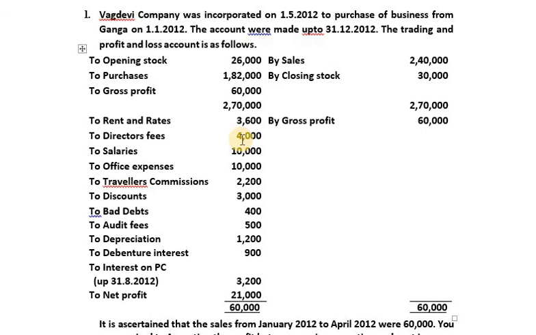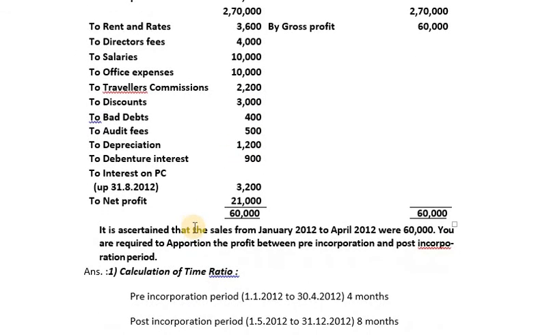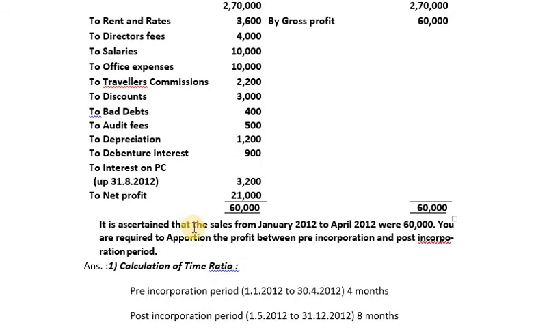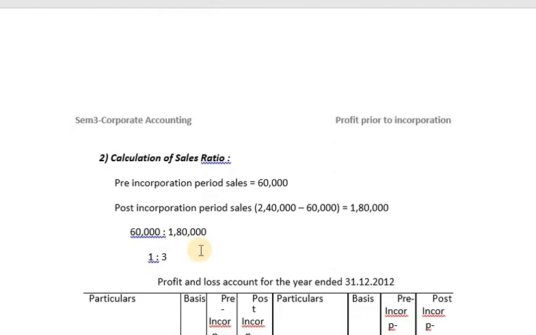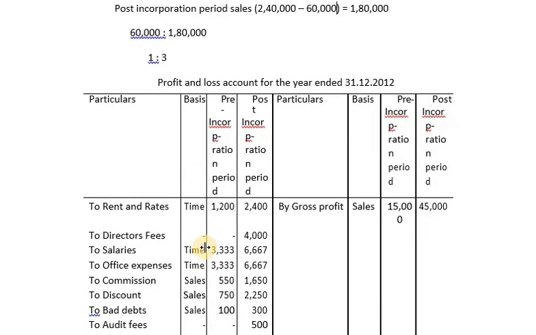I told you very clearly it is time ratio, which is 1:2. So 3,600 into 1 by 3 gives 1,200, and in the second case 2,400. I repeat, all your fixed expenses should be apportioned on the basis of time ratio 1:2. Accordingly, rent and rates are 1,200 and 2,400.